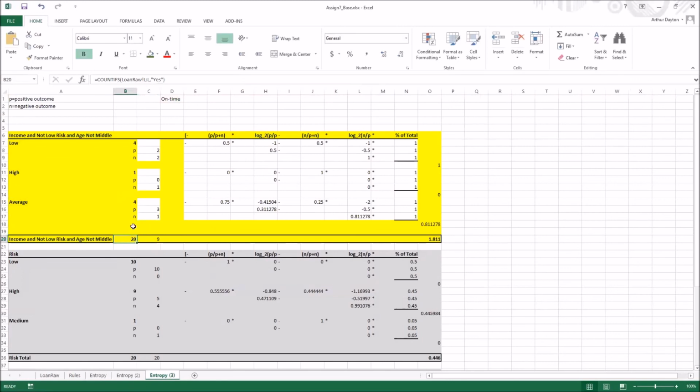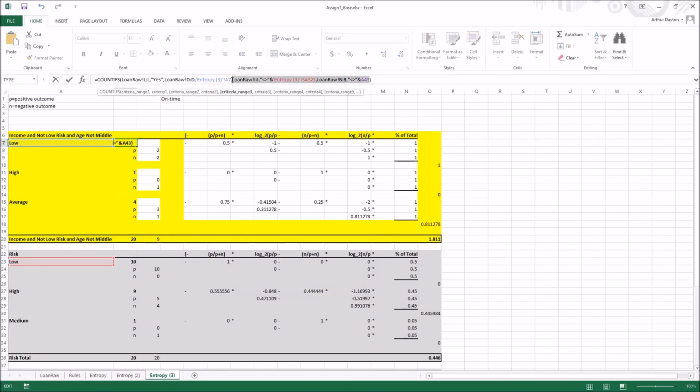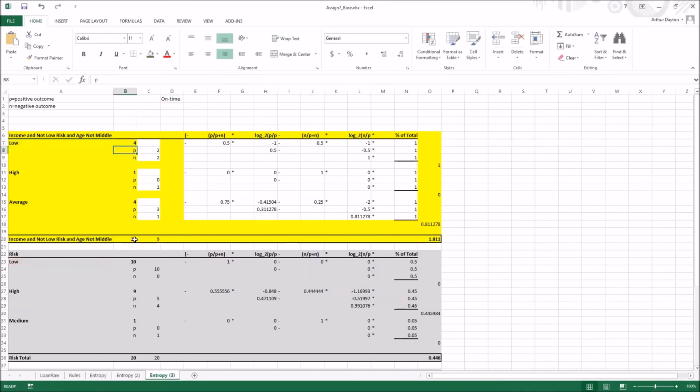And then if we want to make sure that our check total is correct, we can take both of these calculations. And there we go.